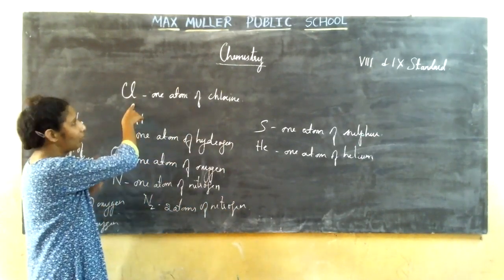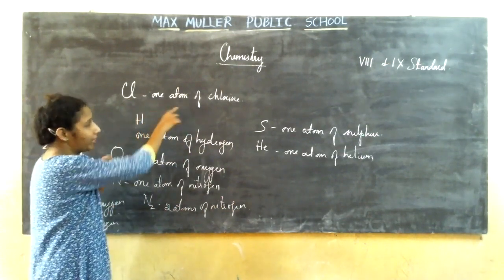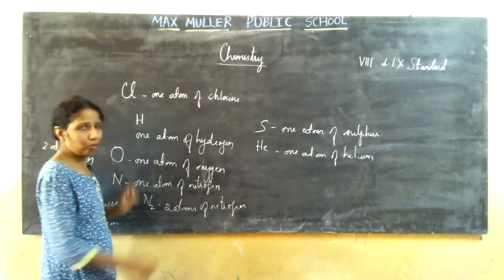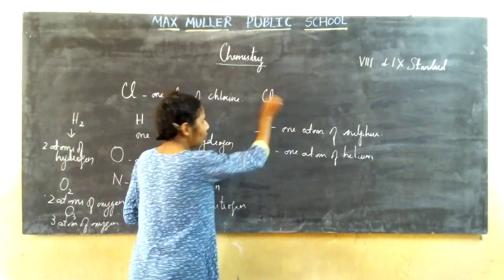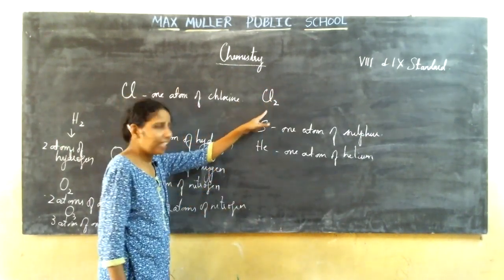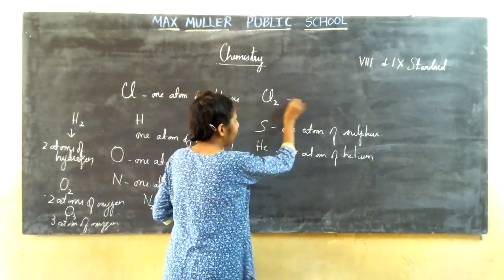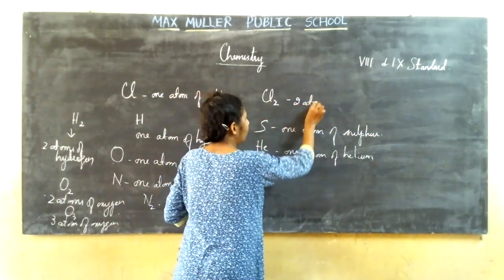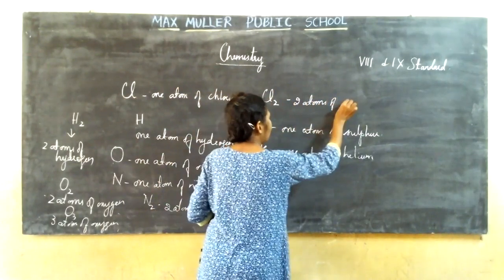Similarly, when I write only Cl, it represents 1 atom of chlorine. If I write Cl2, it represents 2 atoms of chlorine.